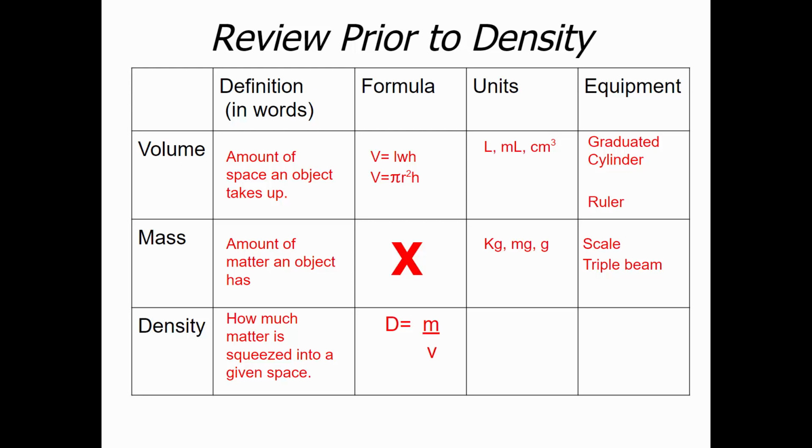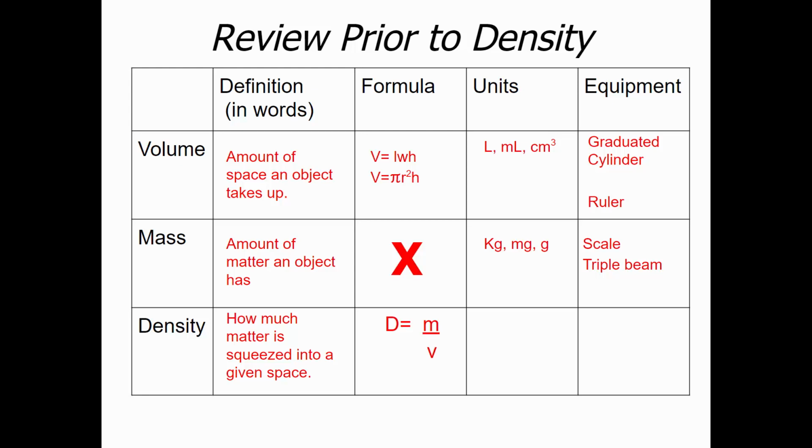So can you guess the units? Remember, what we do with numbers, we do with units. With mass divided by volume, what are the units of mass? Grams, let's say grams.